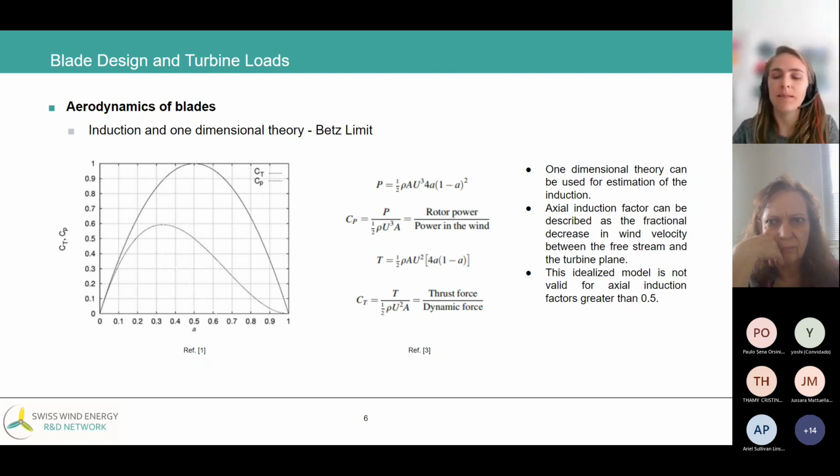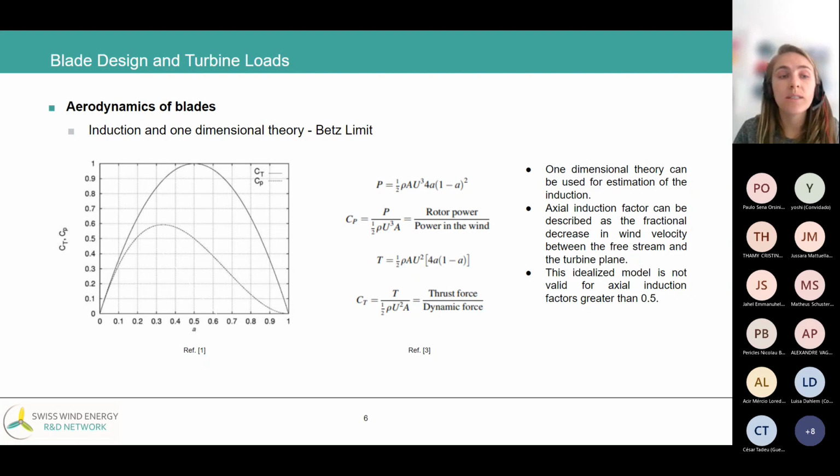And this is the Betz limit. I will not go into further calculations on how we define the Betz limit right now, because probably you have already seen this, but it's something that we might remember here: the maximum power that you can extract and the induction that corresponds to this maximum power.